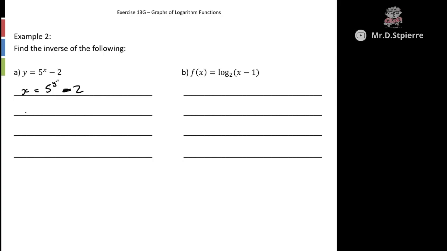And we should just start to rearrange, so we get x plus 2 equals 5 to the y. Now we can use our log exponential conversion, or the equivalence. So this would turn into log base 5 of x plus 2 is equal to y. In the other order, we get the inverse is equal to log base 5 of x plus 2.